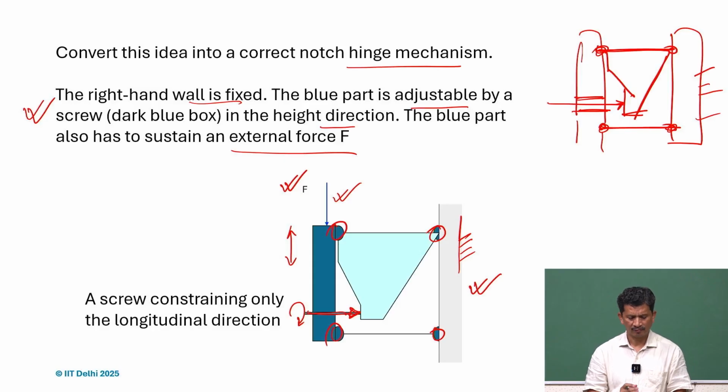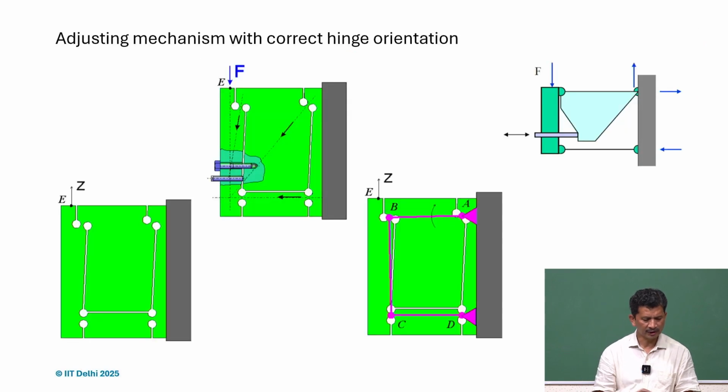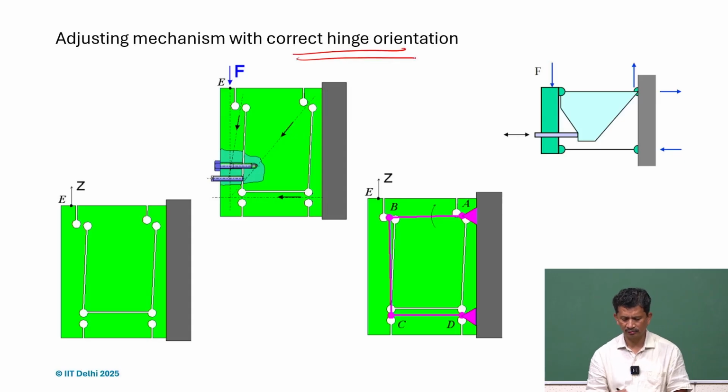And if we know the direction of forces, and it's not moving a lot, and the dominant force direction is known and more or less static, we can fix the orientation. So we have to understand that for getting the correct hinge orientation. This is the problem we are talking about.